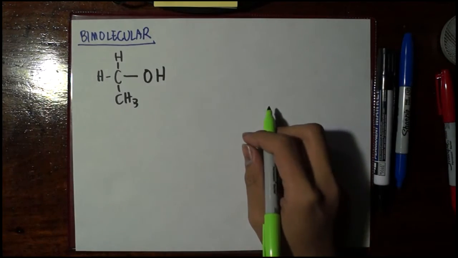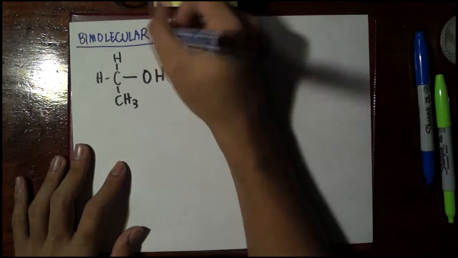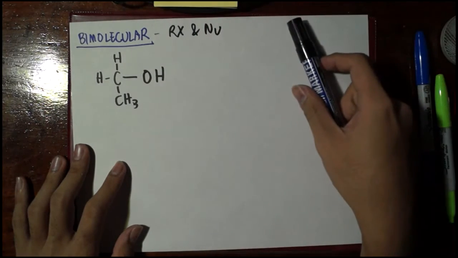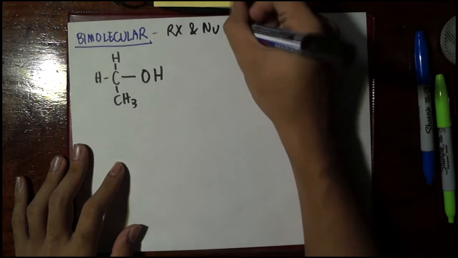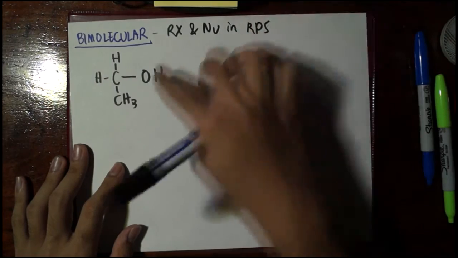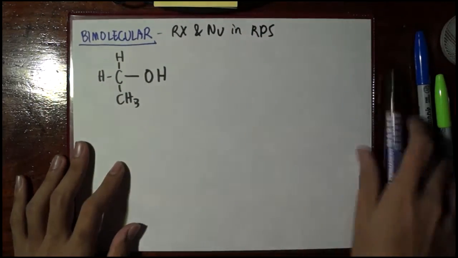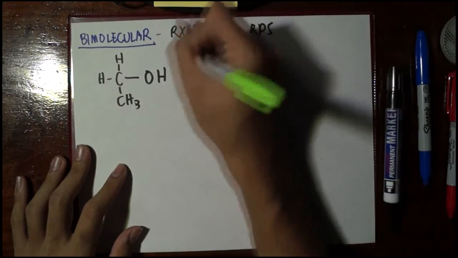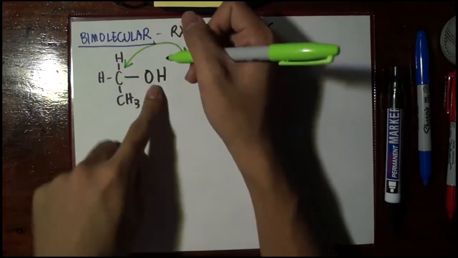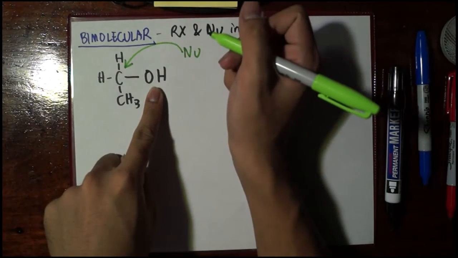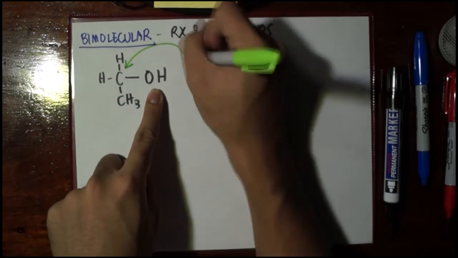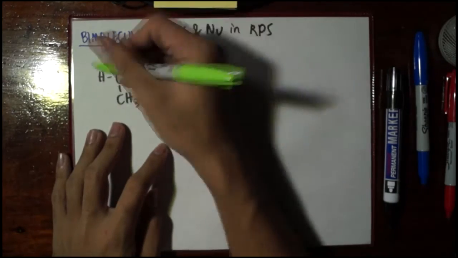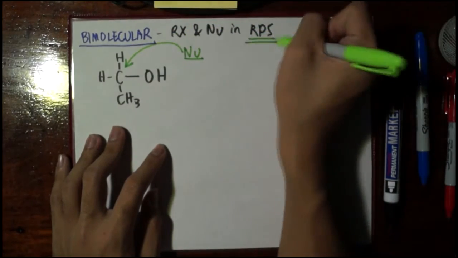If we say that in the bimolecular reaction, both Rx and nucleophile are participating in the rate determining step, this means that from the get-go, the nucleophile will already attack the carbon without waiting for the leaving group to leave. In that way, both the nucleophile and the substrate, or the Rx compound, will participate in the rate determining step.